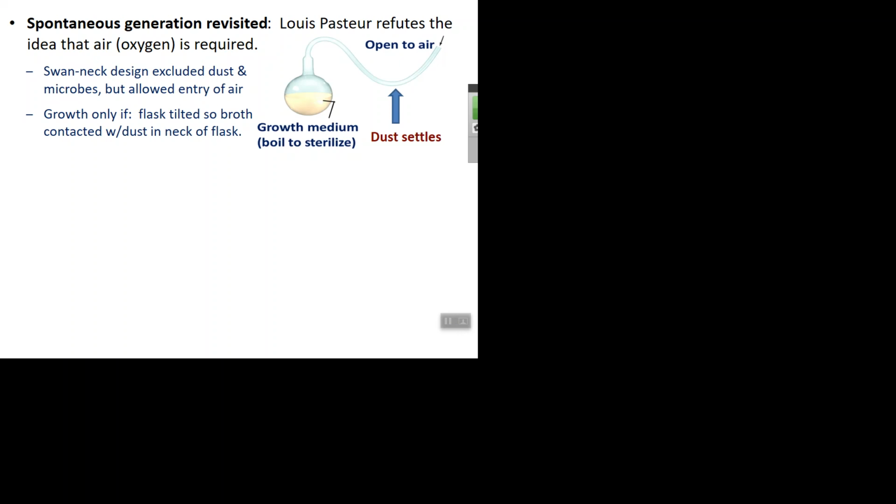So he makes a flask that looks fairly normal, with broth in it, but he has this real long swan neck on it, okay, which is exposed to air. Air contaminates things because microbes are flying on dust particles, or settling on dust particles, and that's how they get in and contaminate.